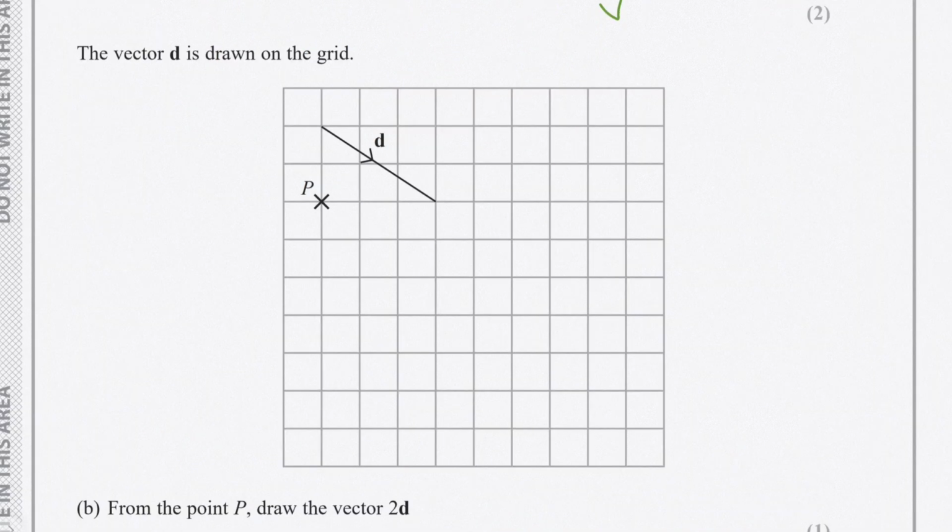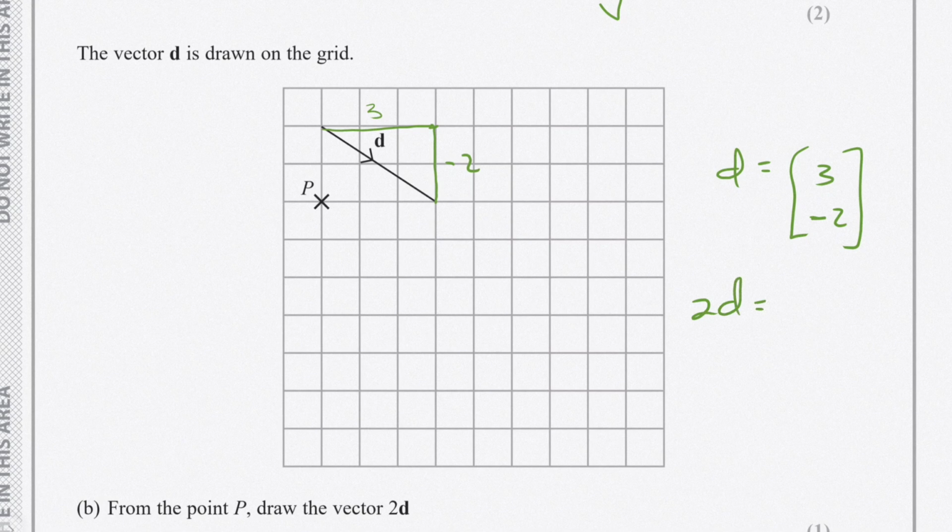The vector D is drawn on the grid. First of all, let's figure out what vector D is. Vector D, as we can see, is going downward. So this is positive x, which is 3 squares, and negative y, which is negative 2. So this is (3, minus 2).